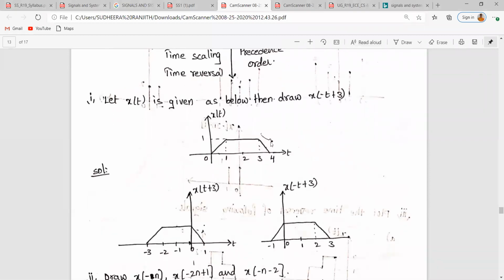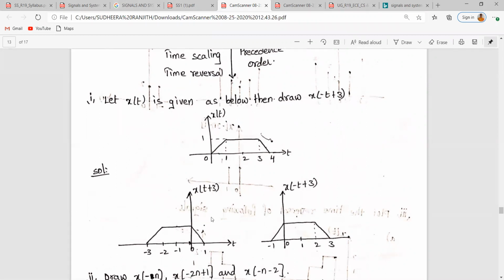So first draw x of t plus 3, means x of t is shifted towards right or left. T plus 3 is there, so x of t should be shifted towards left by 3 units of time. Right? So the value at 0 is shifted to 3, and the value at 1 to -2. Likewise the signal should be shifted towards left by 3 units of time.